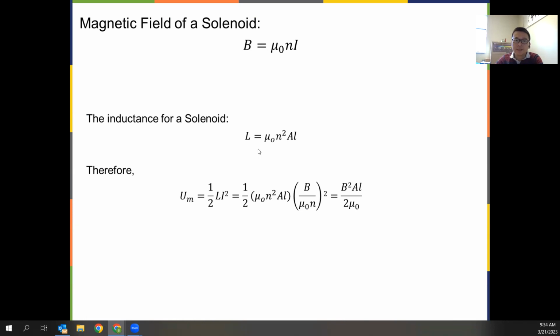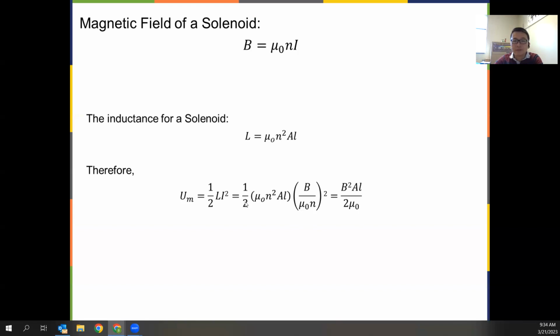So then to calculate the energy stored in the inductor that has current I, or in the solenoid, which is called an inductor, it's 1/2 L i squared. So L is this, I is B over mu naught n, so that gets squared. So n squared will cancel, and mu naught over mu naught squared leaves one mu naught in the denominator.